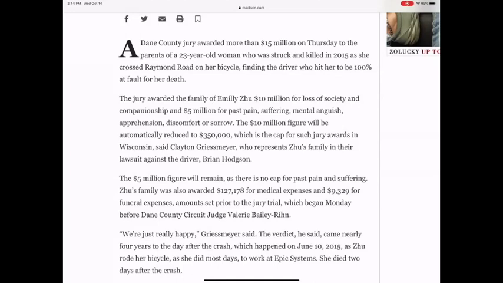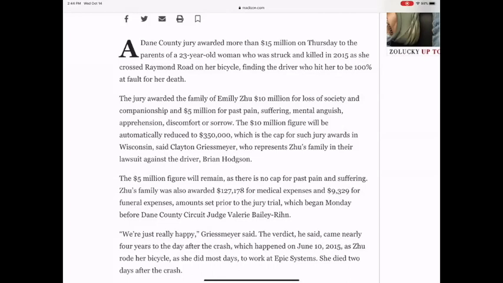This $10 million for loss of society and companionship is well beyond the limit that's allowed in the state of Wisconsin, so that was knocked down, but there was a $5 million award for pain, suffering, and mental anguish, which did not get knocked down. So ultimately, the award was for over $5 million.